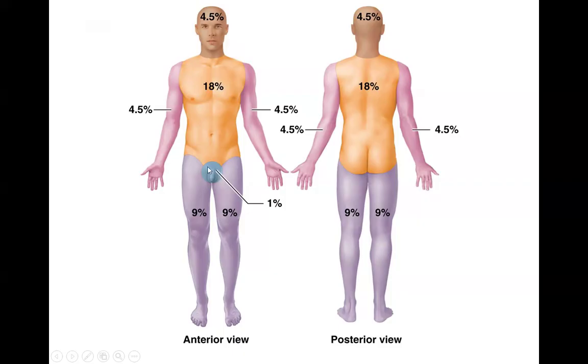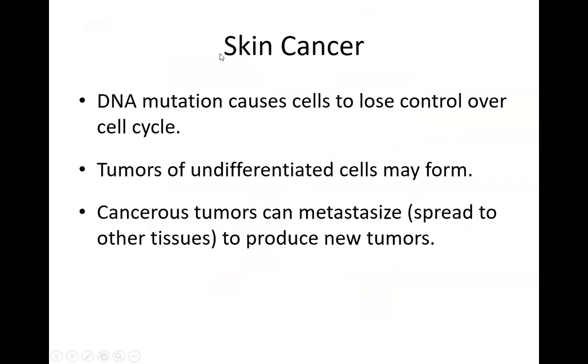This is 1%, your genitalia, 9% from the front and also the back. So your arms and hands have about 4% front, 4% in the back. Your head, your scalp, 4% in front, 4% in the back. Your legs, 9% in front, 9% in the back. And your face, 4%, 5% in the back.